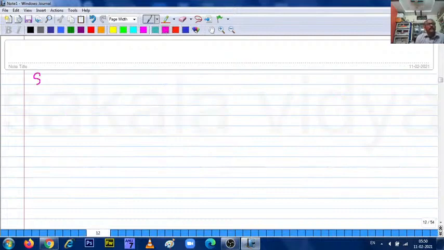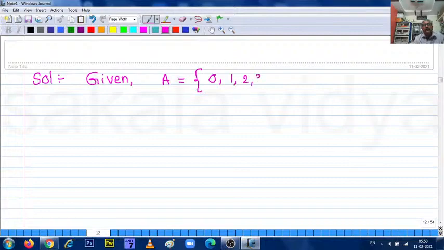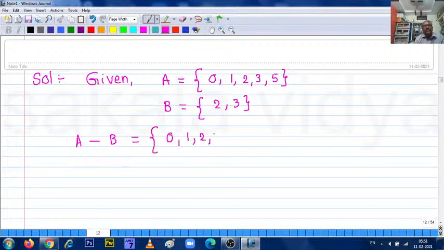So first, solution, write down. Here given A equals {0, 1, 2, 3, 5}. Set B is having elements 2, 3. We are asked to find A minus B. A minus B means {0, 1, 2, 3, 5} minus {2, 3}.